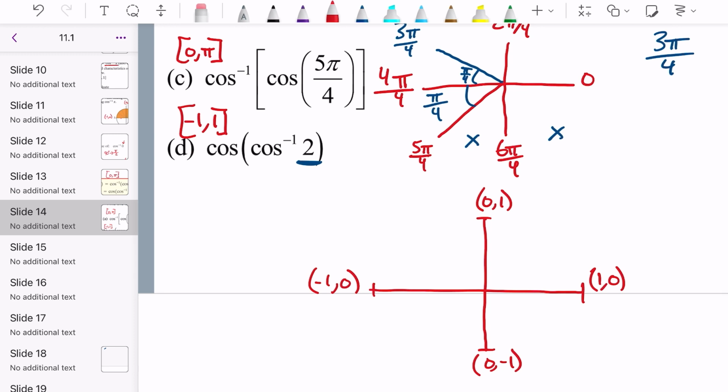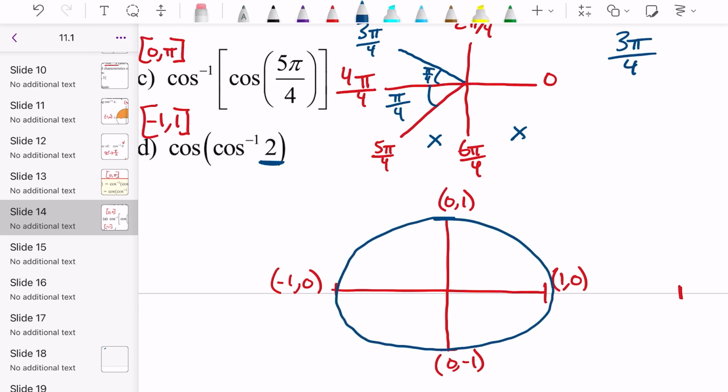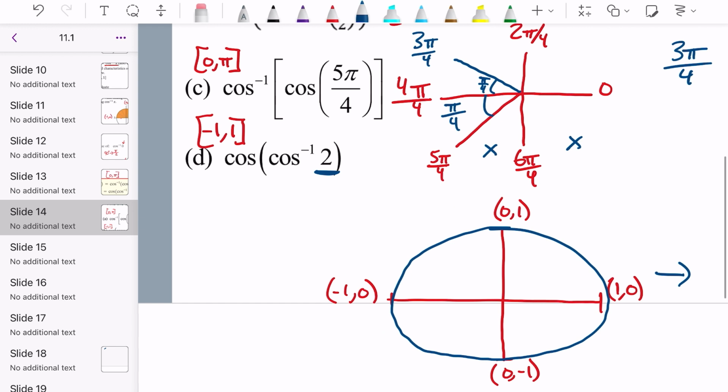In this case, if we are looking for cosine, which once again, remember, is in the x position, it's going to fall on our x-axis. 2 would fall outside of our unit circle. Remember, our unit circle would be everything within our graph. Since it's outside of our graph for the number 2, this answer would be no solution.